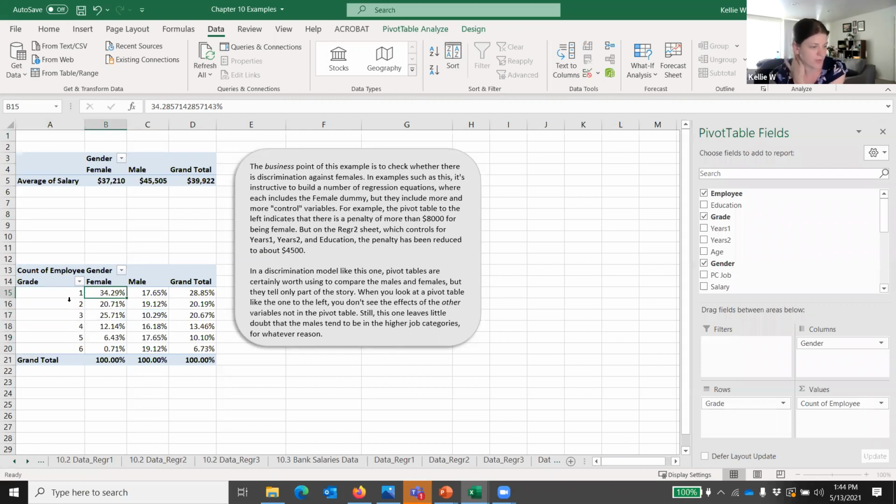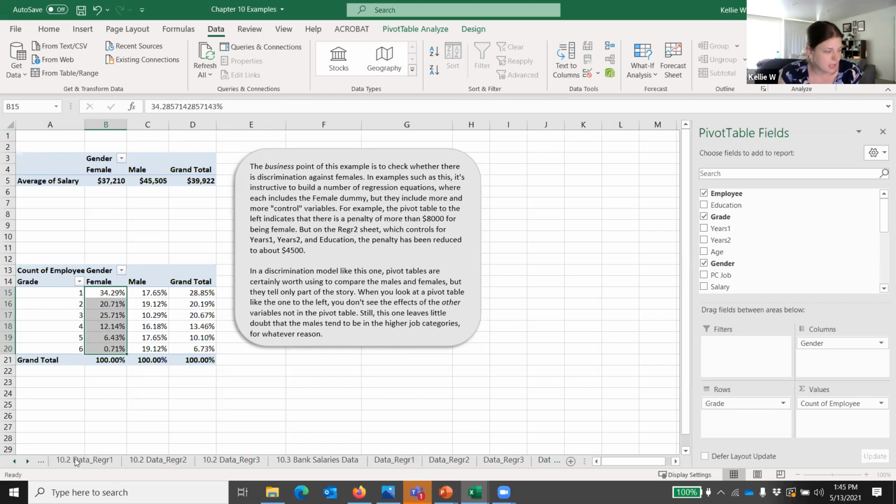This is only part of the story, so we're not seeing the effects of other variables in these pivot tables, but we can see that as grades increase, it does appear that women are less likely to be in those higher grades. So that's something worth noting, but it's still not the full example.